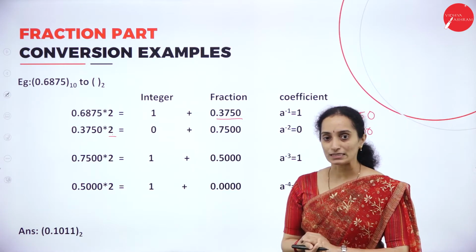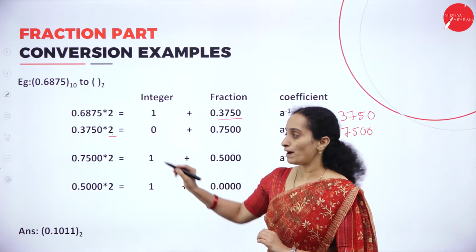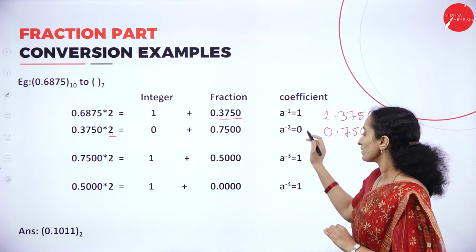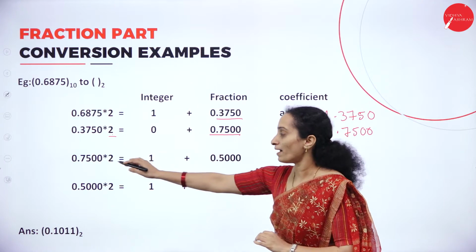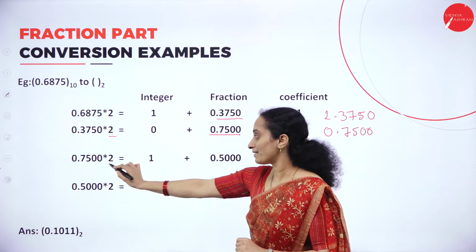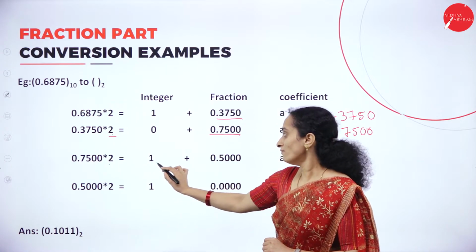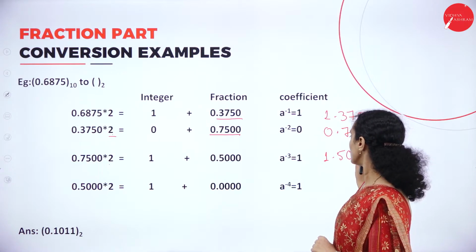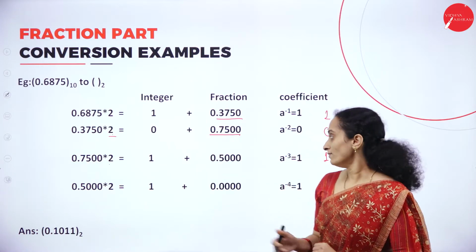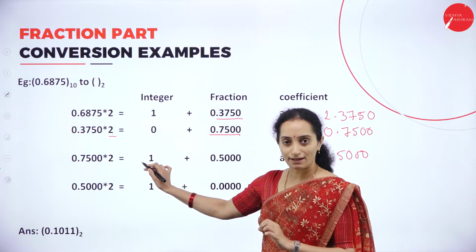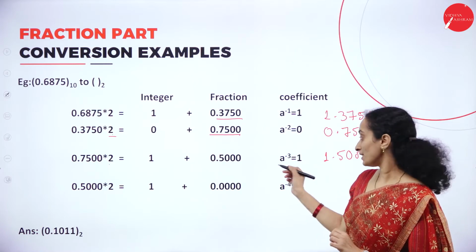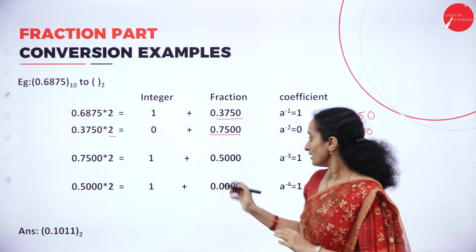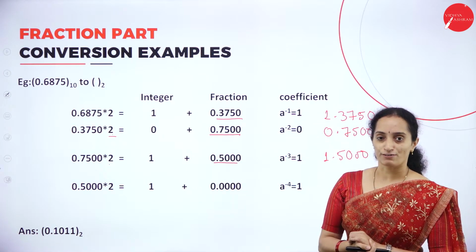That means there is no integer part, so the coefficient must be mentioned as 0. Again, take this fractional part and multiply it with 2. Now, the value will be 1.5000. Again, separate the integer value and keep it as the coefficient in the position 2 to the power of minus 3. Now, the remaining is 0.5.